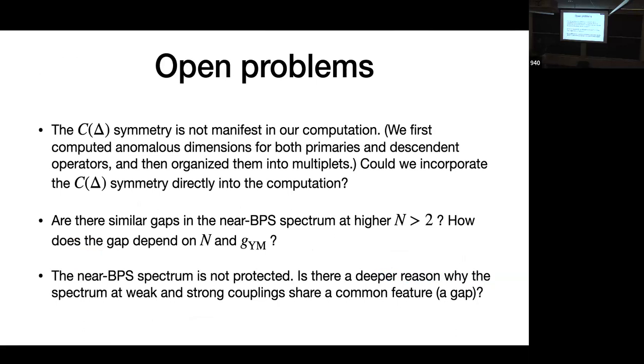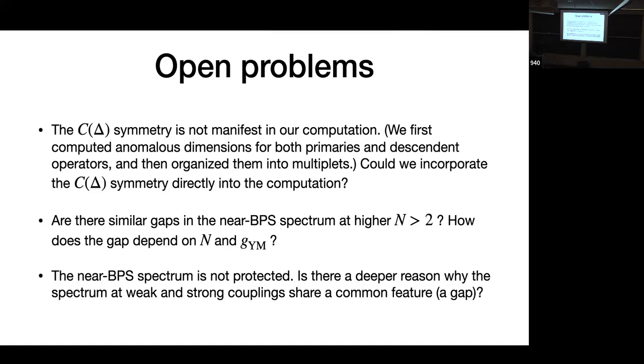If we have a way to incorporate this symmetry in the computation, then that would make the computation much easier. And the next open question is whether there is a similar gap for higher rank, and also how the gap depends on both M and the G mills.